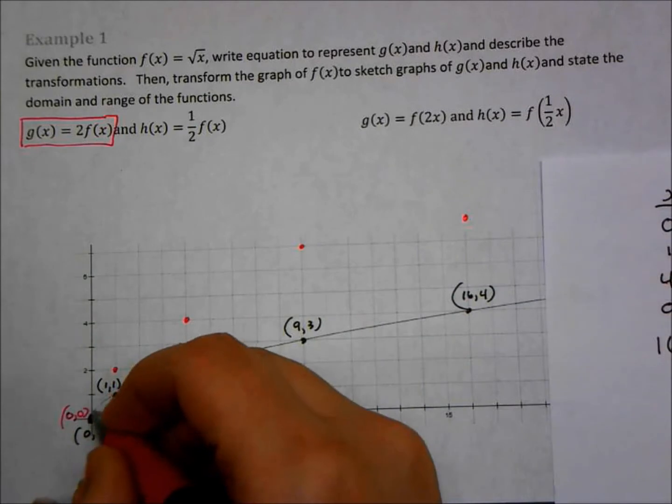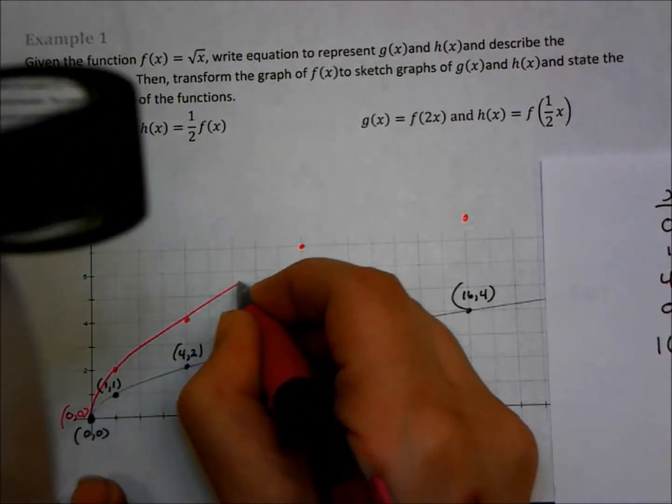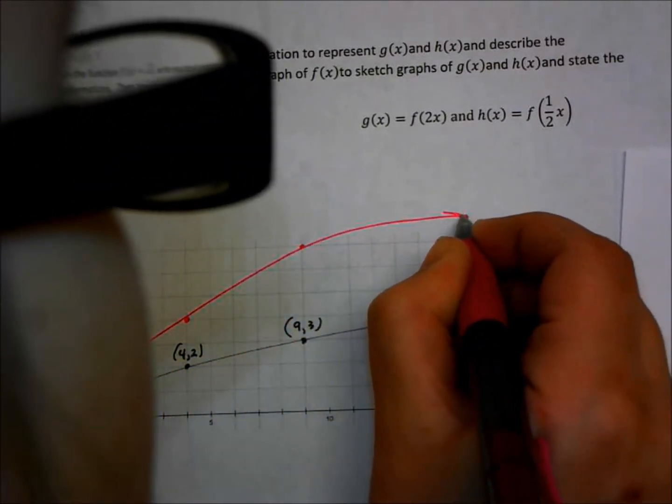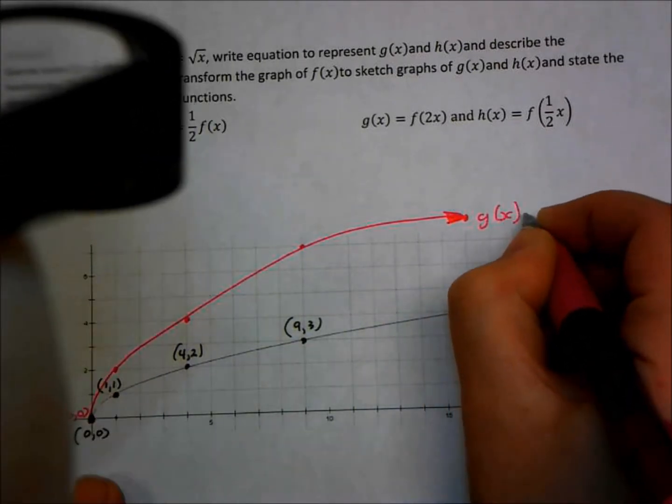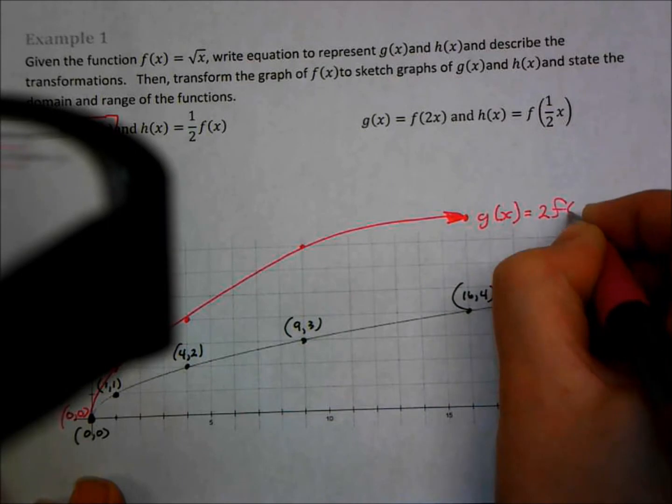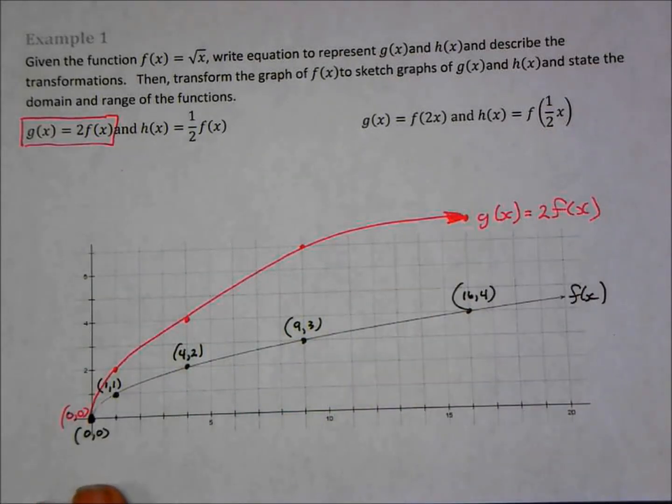Oh well. So this is our g of x. And it would continue past there. I'm too lazy to draw it.